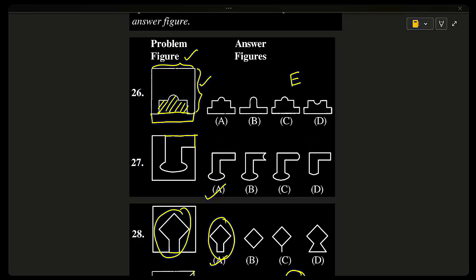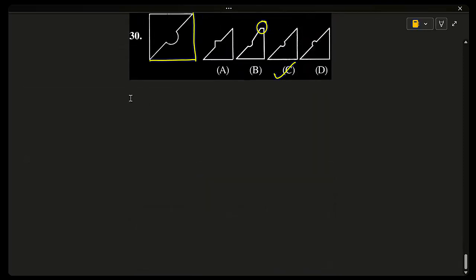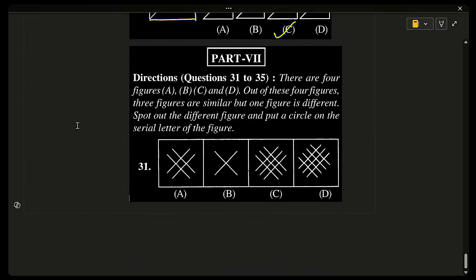Going to the next part now. That is part 7, questions 31 to 35. There are 4 figures A, B, C, D. Out of these 4 figures, 3 figures are similar and one is different. So we have to find the odd one out: which one is different from the others and why.